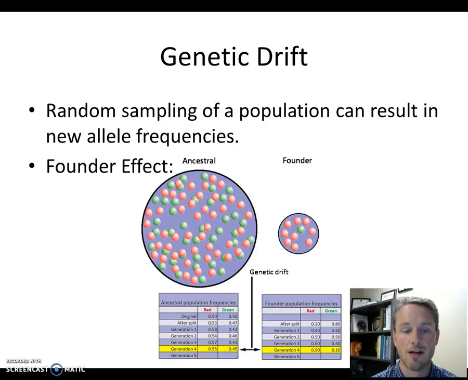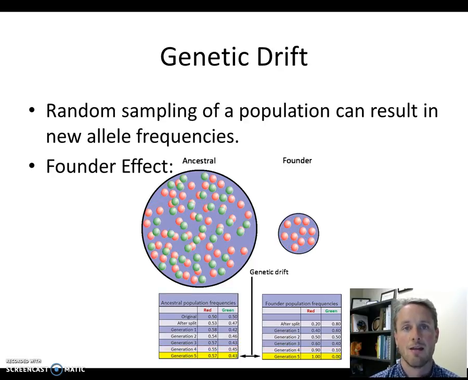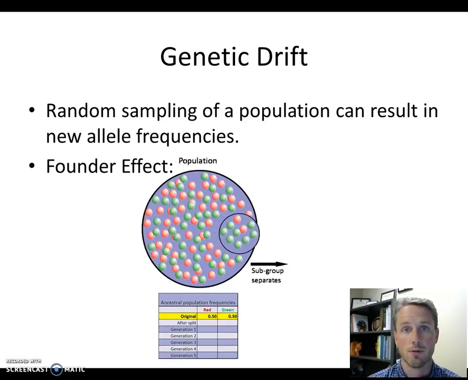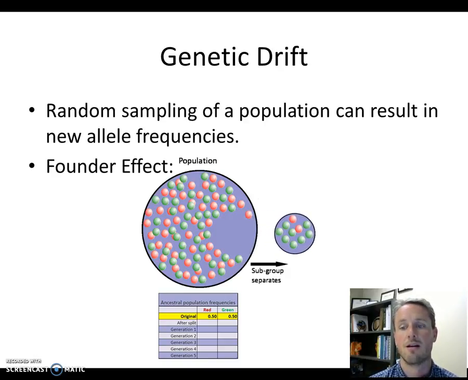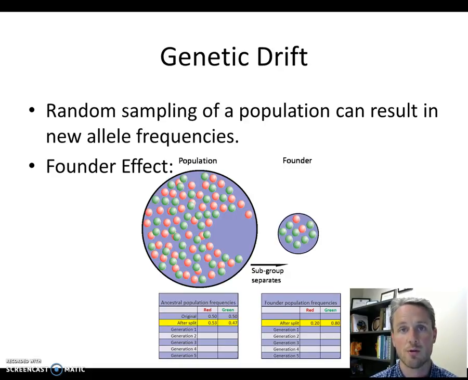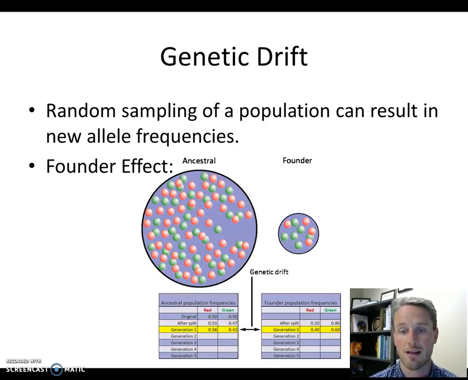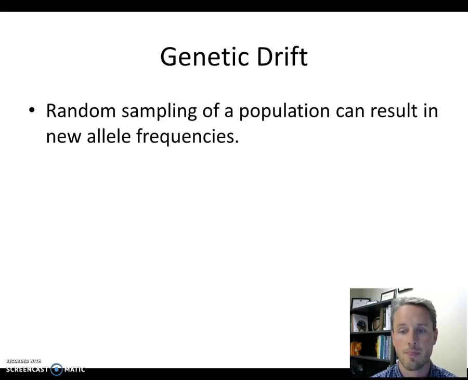When a group of people leave a population, the random choice of which group leaves results in a new allele distribution. If we compare the two populations, the new population has a new allele frequency. That's microevolution that has occurred. All right, let's think about one last example of genetic drift.